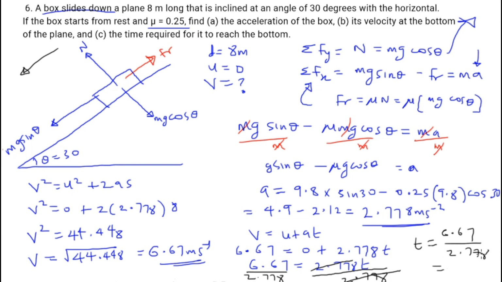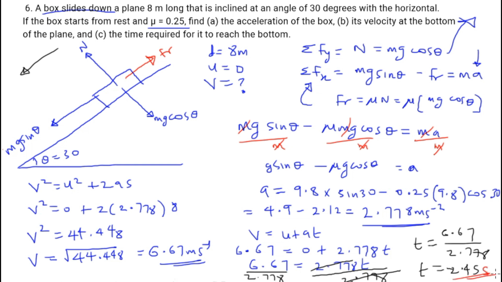Upon your calculator, 6.67 divided by 2.778 is equal to 2.4. So the time is 2.4 seconds.